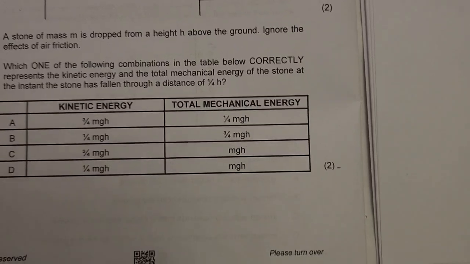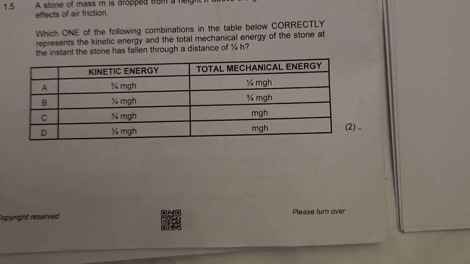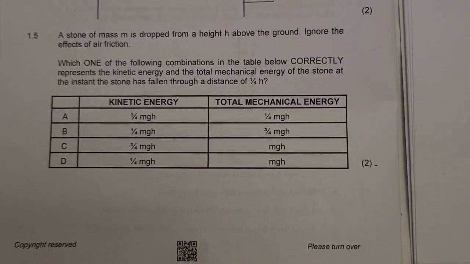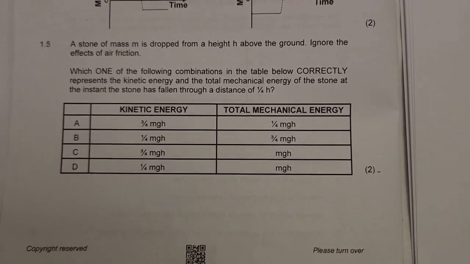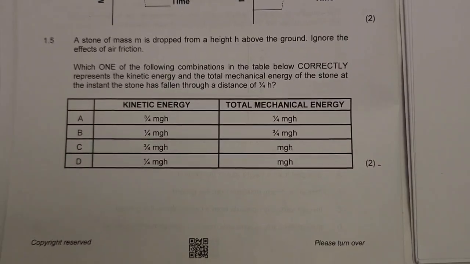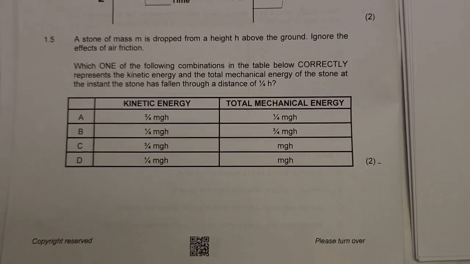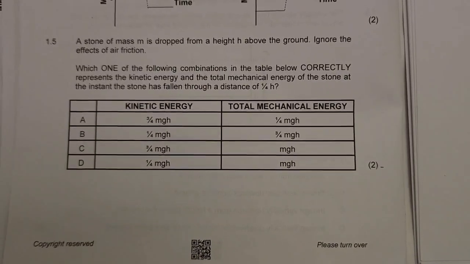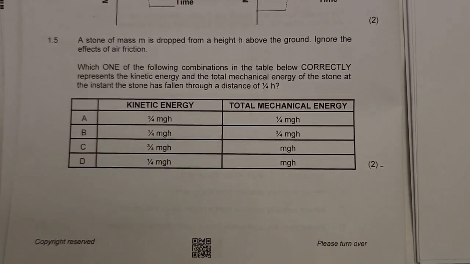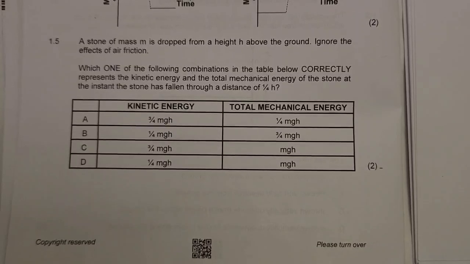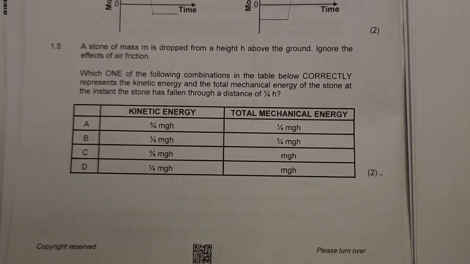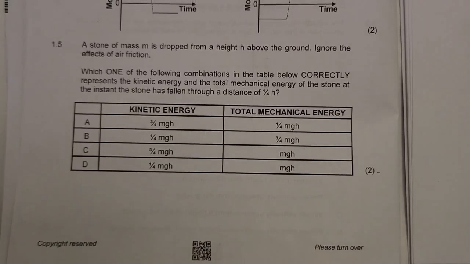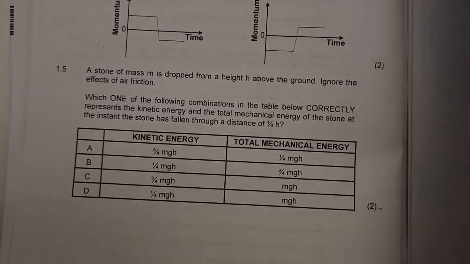A stone of mass M is dropped from a height h above the ground. Ignore the effects of air friction. Which one of the following combinations in the table below correctly represents the kinetic and the total mechanical energy of the stone at the instant the stone has fallen through a quarter of the height?